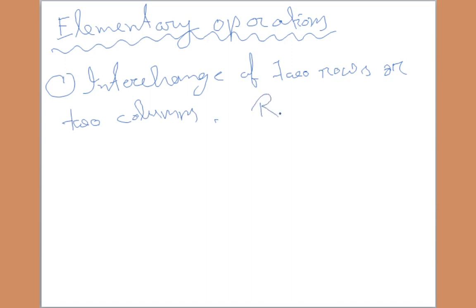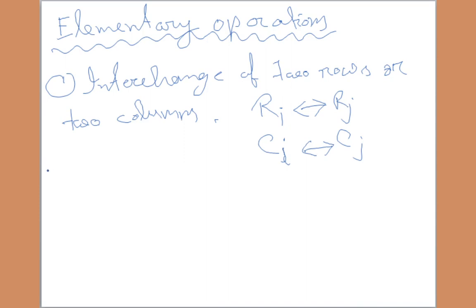Symbolically we can write Ri interchange with Rj. In case of column, we can write Ci interchange with Cj.